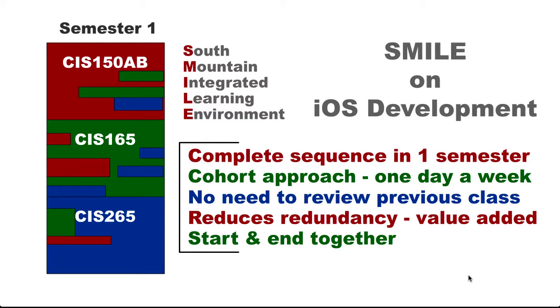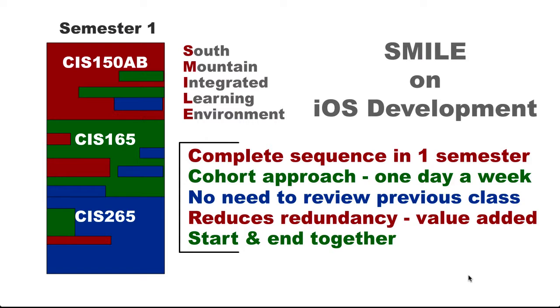If you look at the color coding here in this slide, you'll notice that in the first 5 weeks, which is generally the CIS 150AB, the programming with Swift, we will get into doing a little bit of interface development as part of that. When we go into CIS 165, there's still some programming aspects of Swift that will come into play there, and same with 265. So students are able to complete the sequence in 1 semester.